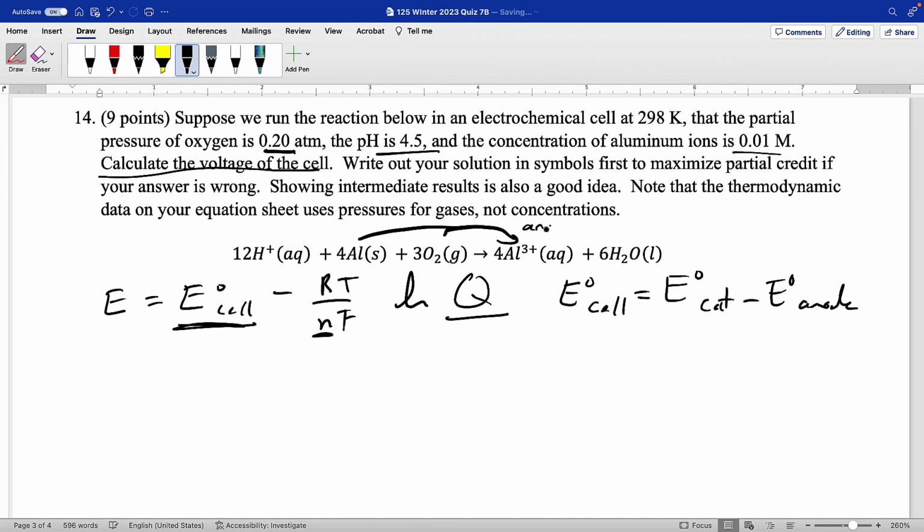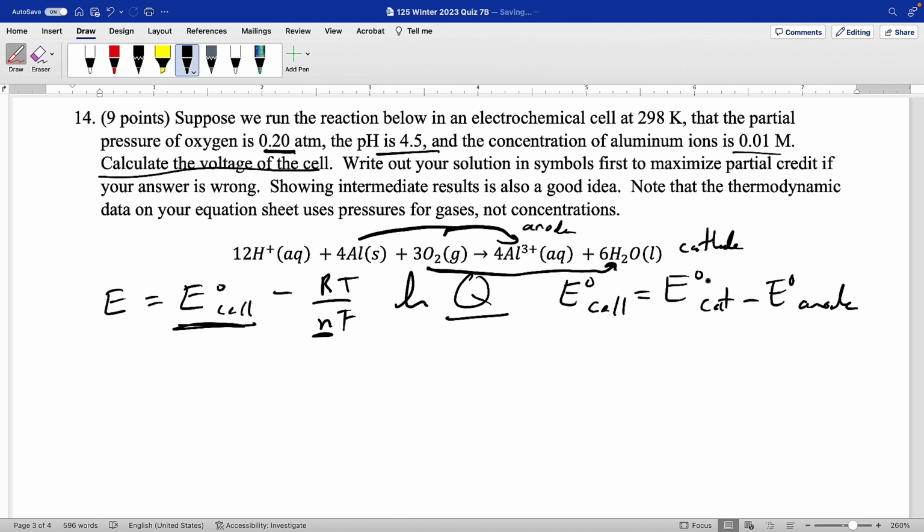This is our anode, because we're going from 0 to +3, and our oxygen is being reduced. So we're going from oxygen 0 to oxygen -2. So that's our cathode. If we look at the hydrogen ion, it's +1 as hydrogen ion, it's +1 as water, so nothing's happening to it. So that means we can look up the reactions.